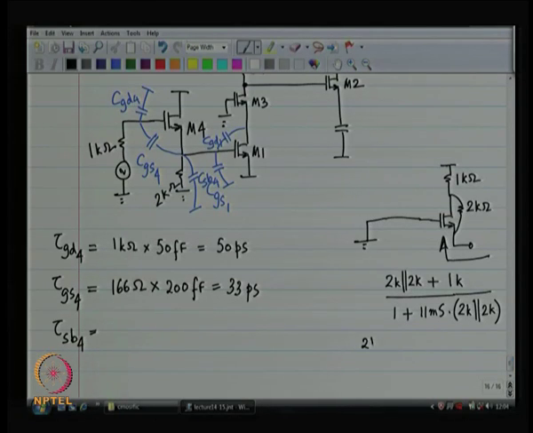So, it is 2K divided by 1 plus 11 millisiemens times 2K, right, this whole thing in shunt with 2K. So, it is about 87 ohms in parallel with 2K. So, 83 ohms.